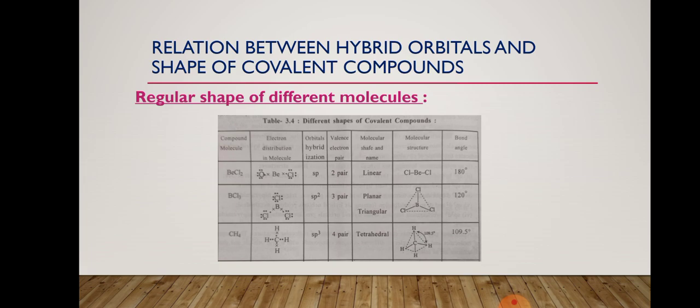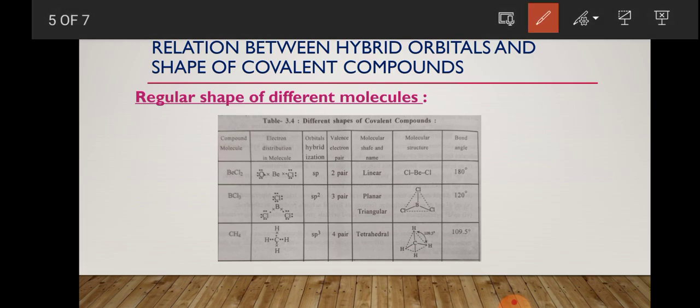So, the molecular shape and bond angles of different covalent compounds are controlled by the nature of hybridization of the central atoms of the compounds. For example, look at the figure, please.